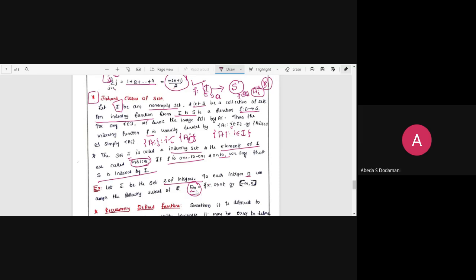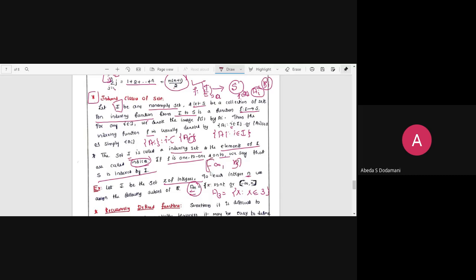Suppose n is 3. Then A_3 is the collection of x such that x is less than or equal to 3. On the integers it will start from minus infinity and go up to n, which is 3.